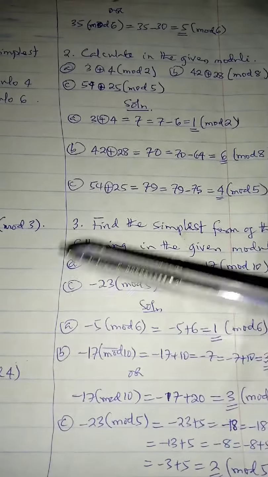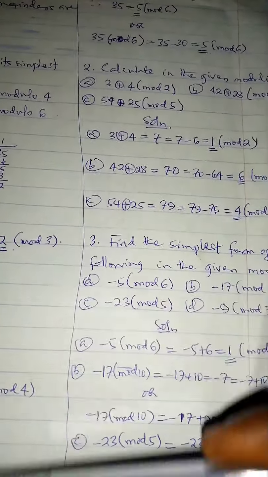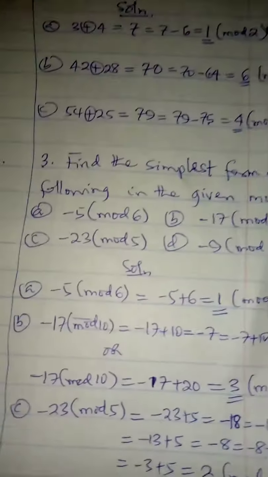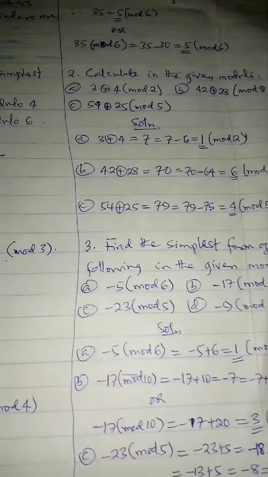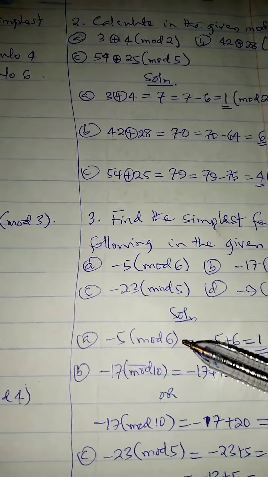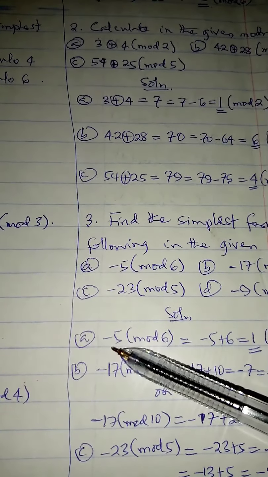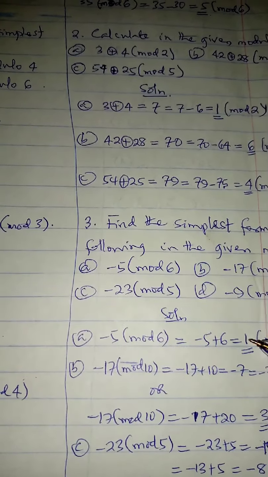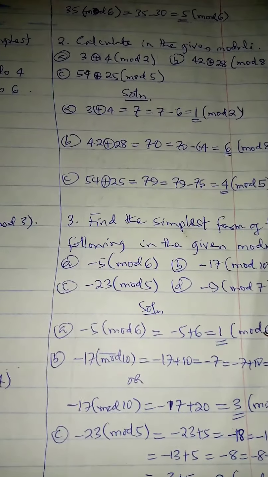When it's positive, you'll be subtracting until you have a number less than that given moduli. So if I'm working in mod 6, I will add 6 to this. It will give me 1. You can see the 1 is less than mod 6, so you stop.